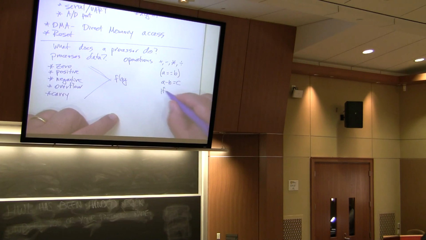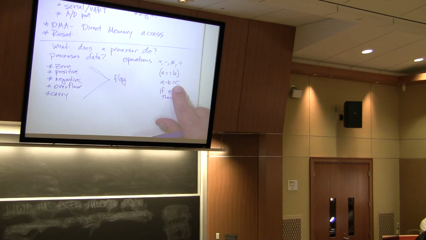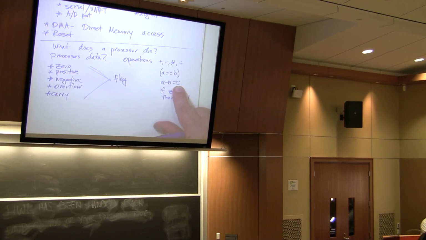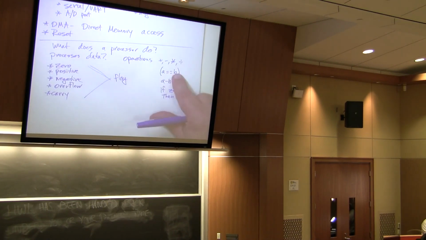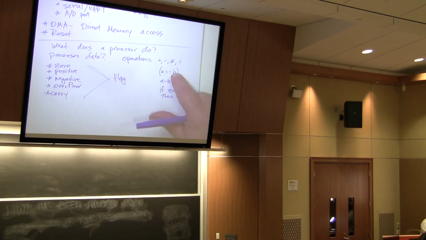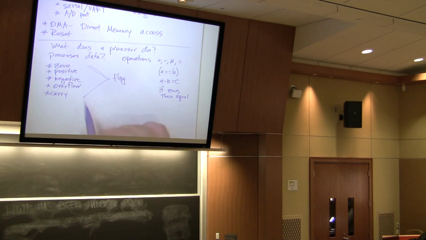Well, if it's 0, then you know that it's equal, right? So in this case, if you say A minus B, it will come up with the result C. You really don't need to look at what is C. All you need to say is, is it 0? Because that's what we're looking for up here. So very often all you have to do is do an arithmetic operation, but you're really worried about this 0 flag.